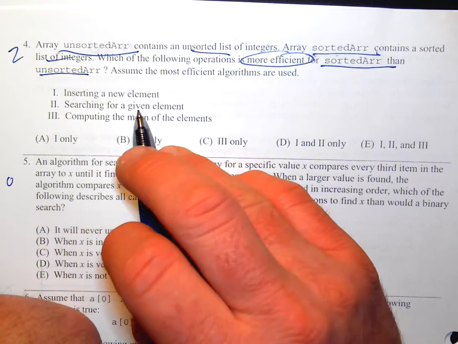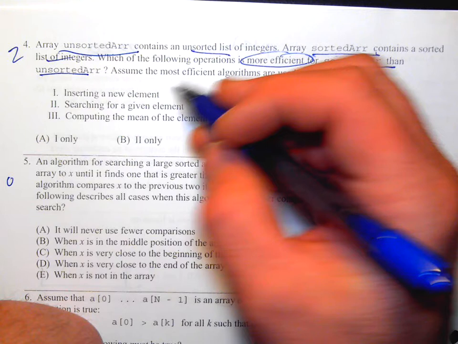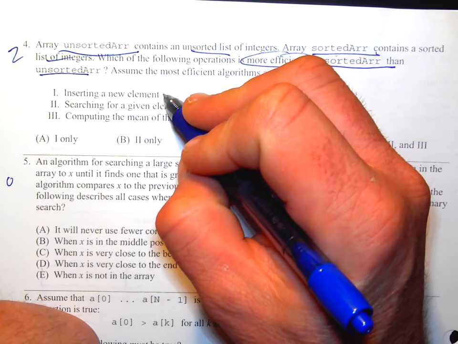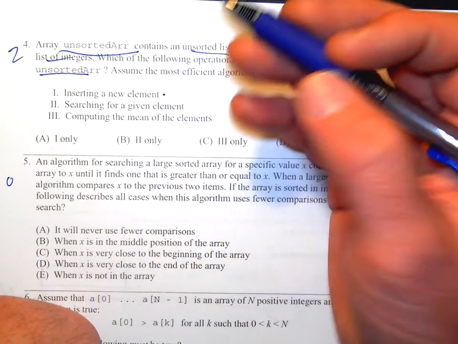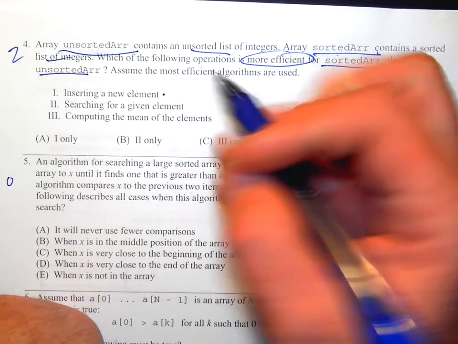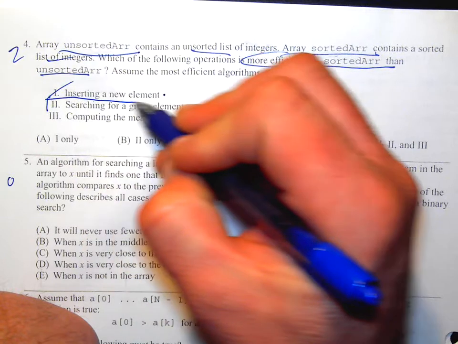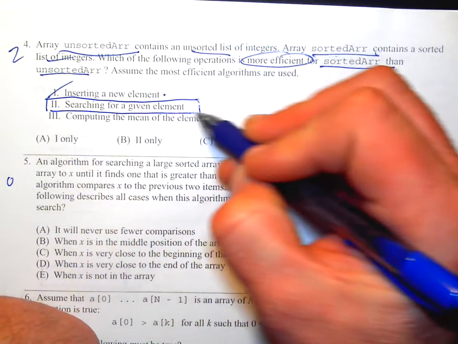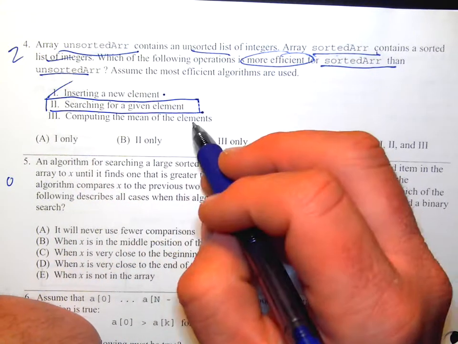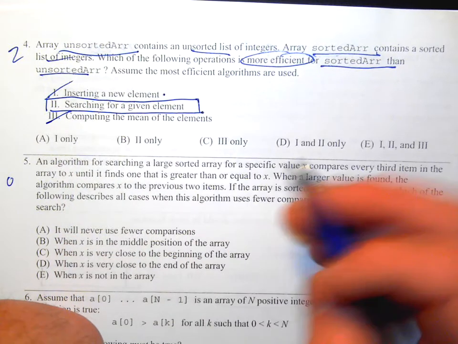It doesn't say inserting it in order, so we can just insert this wherever we want. That doesn't make the sorted one better than the unsorted one. Searching for an element? Yes, searching through a sorted array is much easier than an unsorted array. Computing the mean, we just add them all up and divide by the number. Neither one of those has an advantage over the other, so it's going to be 2 only.